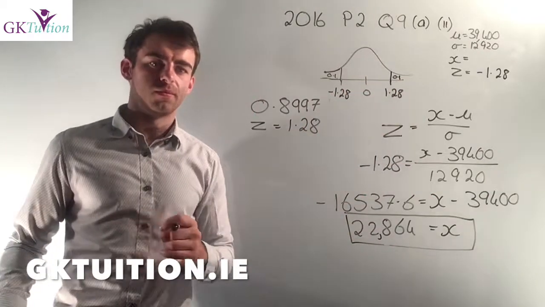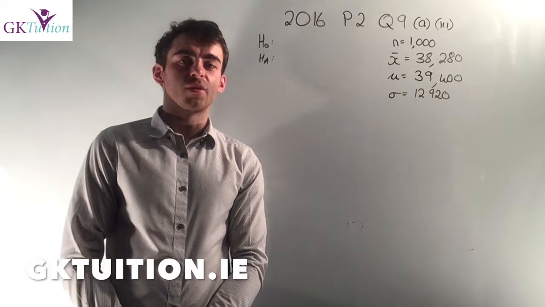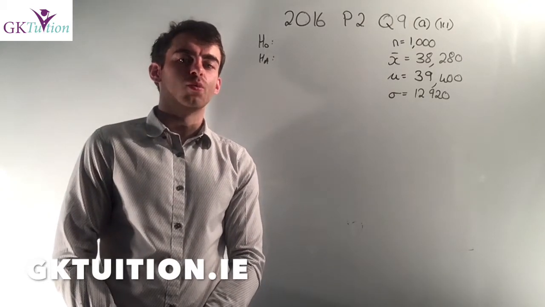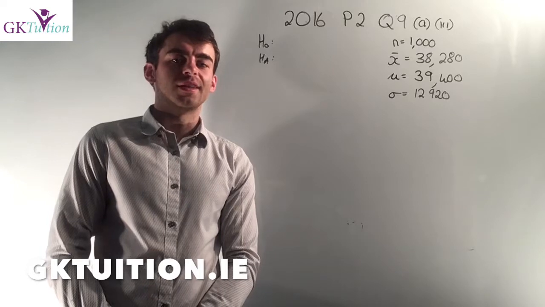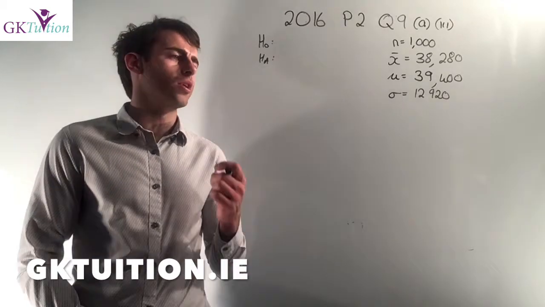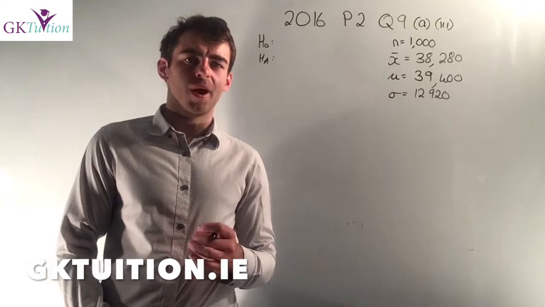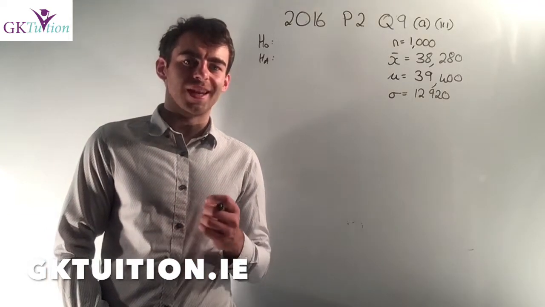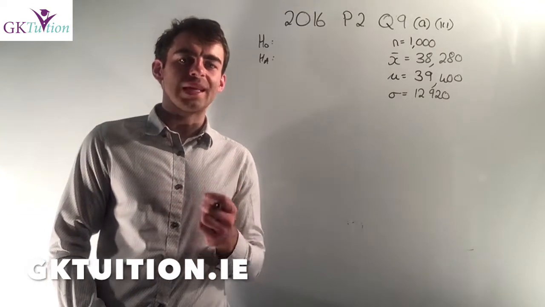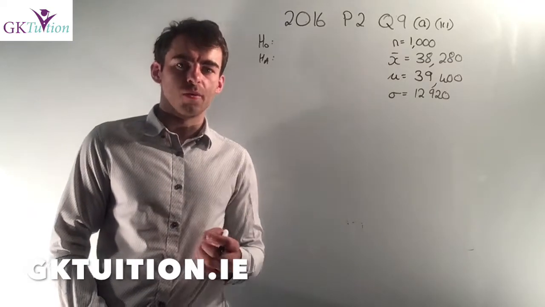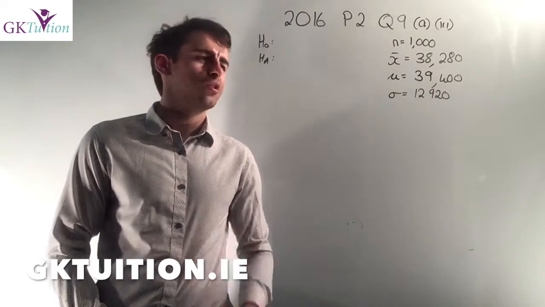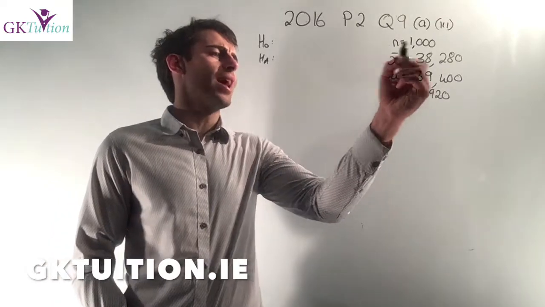In A part 3 of this question, we're told that 1,000 workers were surveyed, and that the annual income of these 1,000 workers was 38,280. We're asked to test the hypothesis using a 5% level of significance that the mean annual income of full-time workers has changed. So in other words, my n is 1,000.